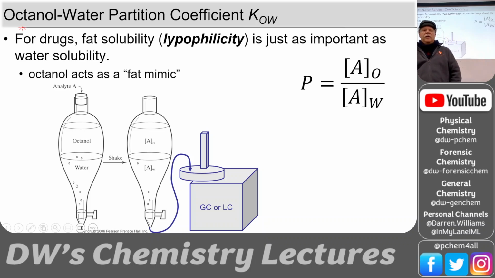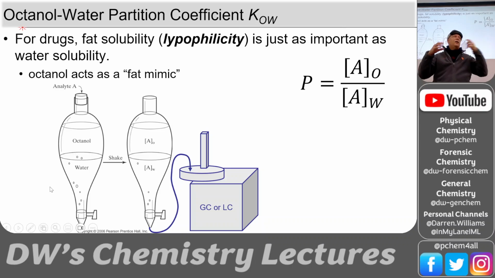And so octanol, when you hear about the water-octanol coefficient, the octanol is acting as a fat mimic. So you have the fatty layer, the octanol here, and then you have the aqueous layer, the blood layer, which is the water. And you can shake this, and then you can look at it in a GC or LC and get the concentration of the substance in each. And this is the partition coefficient.